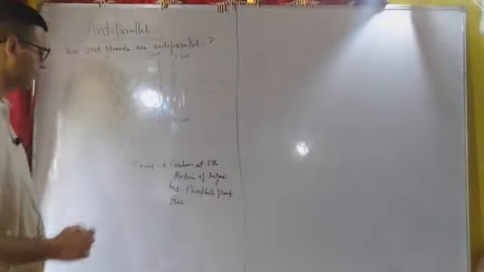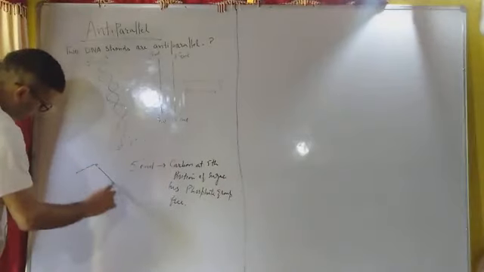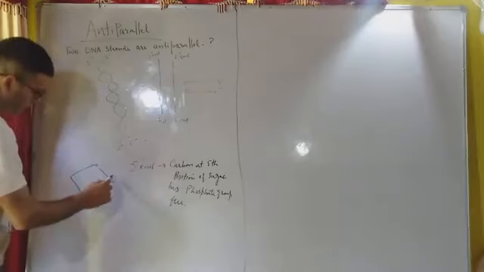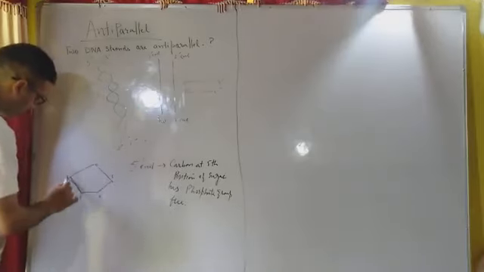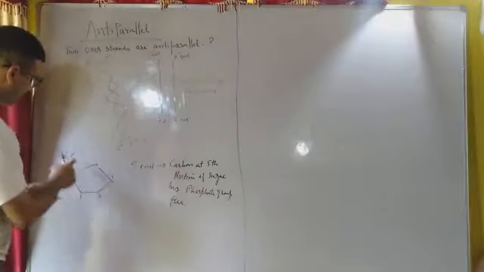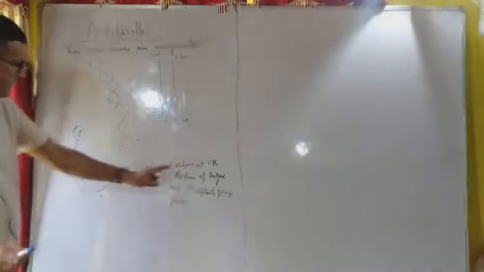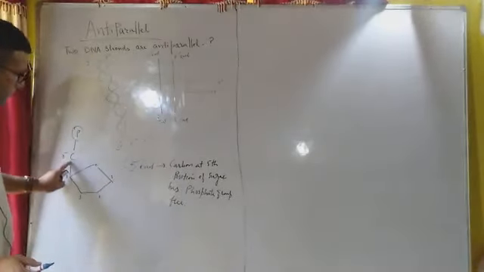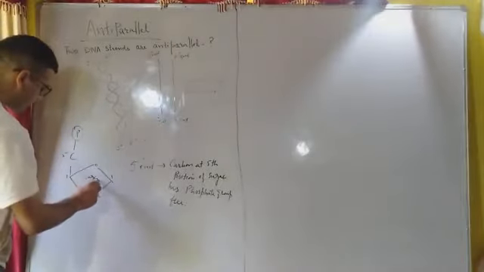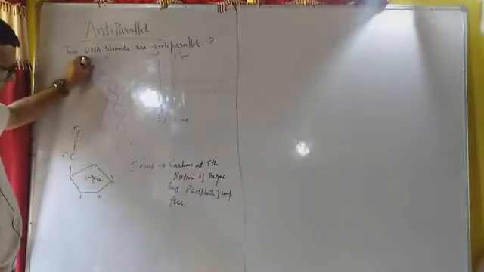This is called the 5' end. This is 1, 2, 3, 4, 5. This is the fifth carbon, and phosphate is attached to this. That means this is carbon at the fifth position of the sugar. This is sugar. It has a phosphate group free at the end, at the free end.